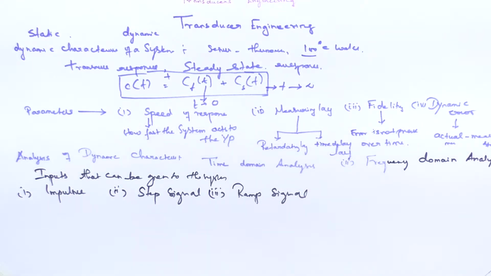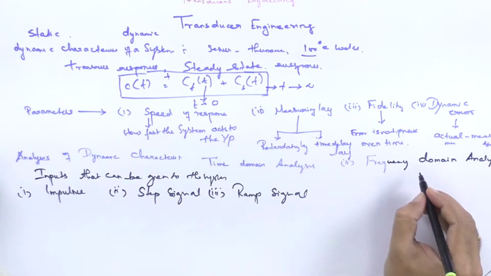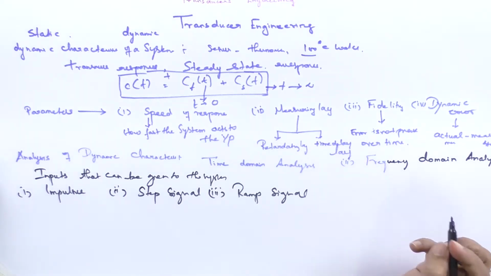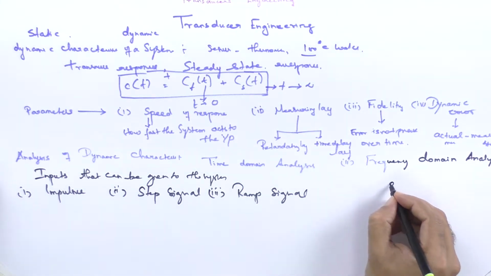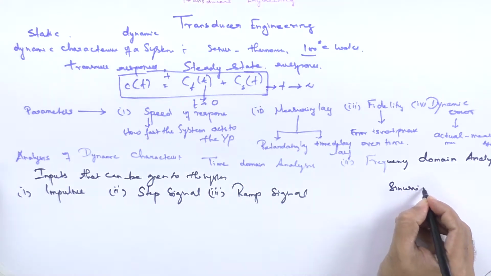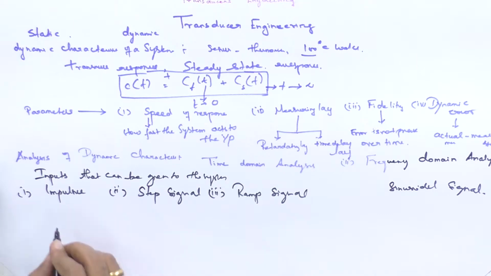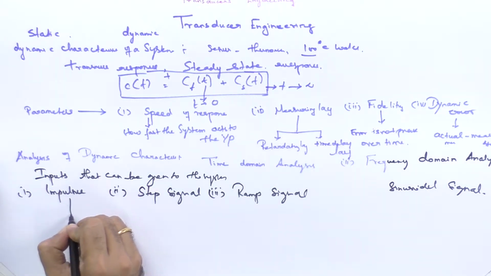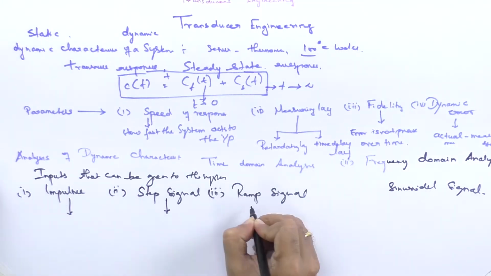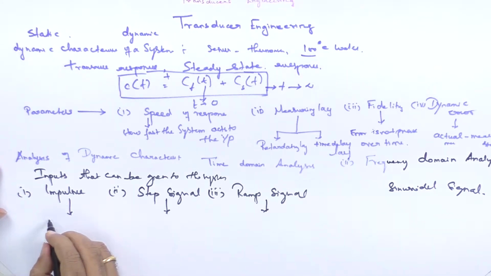These three are the main kinds of signals that can be given to the system for time domain analysis. And for the frequency domain analysis, mainly you are going to give the sinusoidal signal. Now we will see how the impulse signal, the step signal and the ramp signal look.